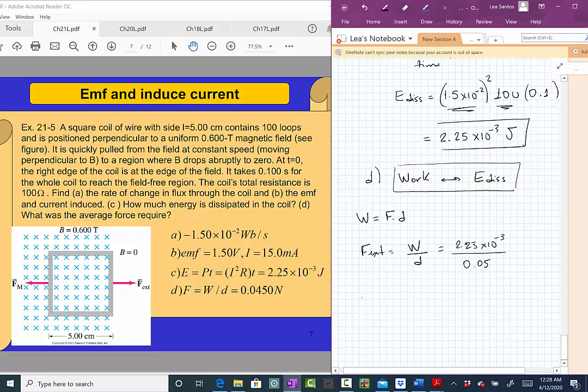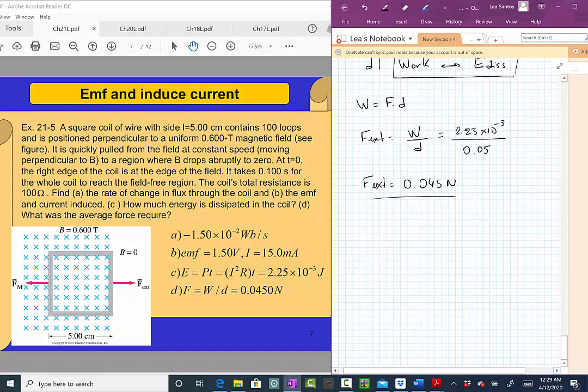Okay, and this will give you this external force of 0.045 newtons. That's how they solve it in the book. But I think it's a little bit of a stretch. It wouldn't come to my mind, the idea of work. Since this whole chapter, chapter 20, is about magnetism and induced current, that's the kind of thing that would come to my mind to solve this problem.